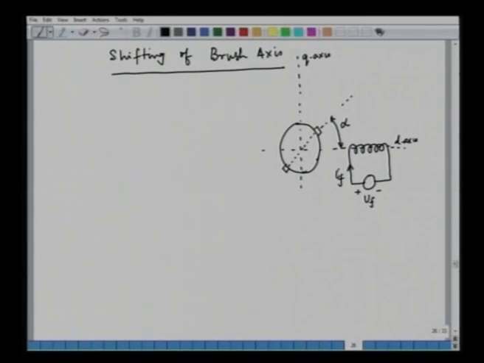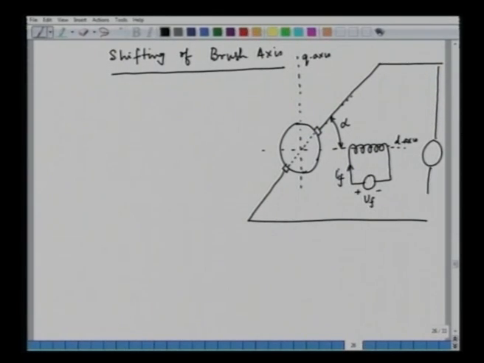We will have the situation like this, and this is the armature, and armature is applied with a voltage. So, this voltage is VA, all right, and this is passing a current here, that is IA.